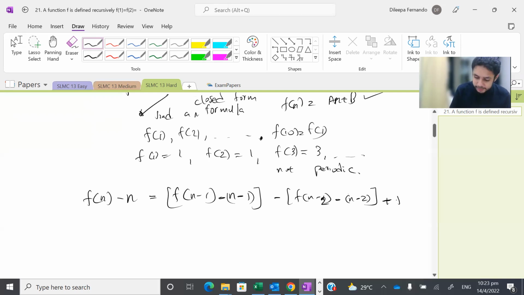And now you can take this plus 1 to the left side, and you can add the same constant number to both of these parts of the formula.